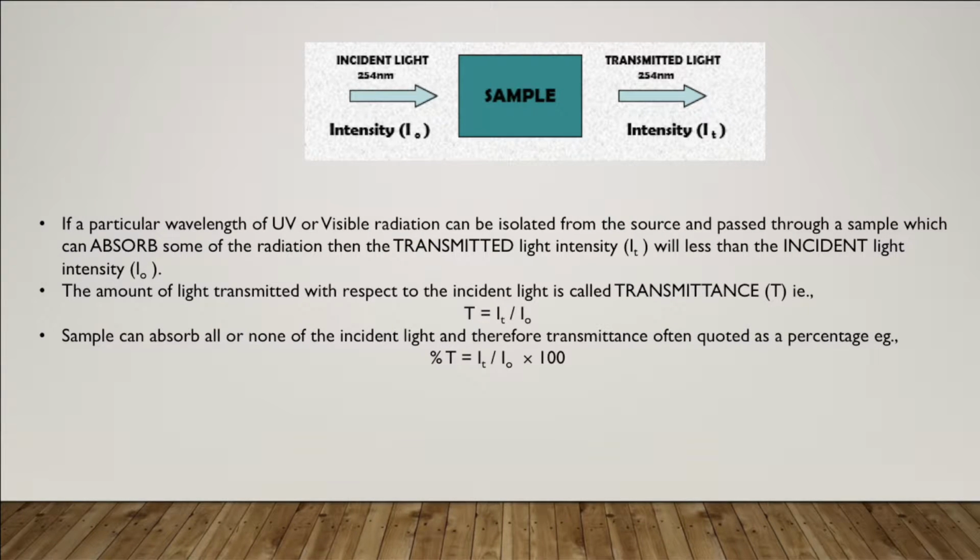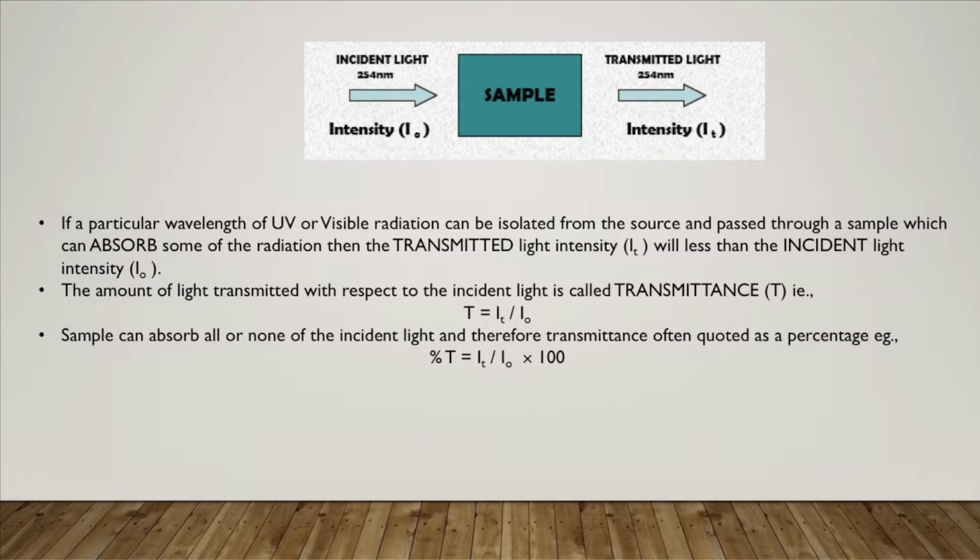The formula for transmittance is T equals the transmitted light intensity over the incident light intensity. A sample can absorb all or none of the incident light, and therefore transmittance is always quoted as a percentage. So the formula is percentage of transmittance equals the transmitted light intensity over the incident light intensity times 100%.